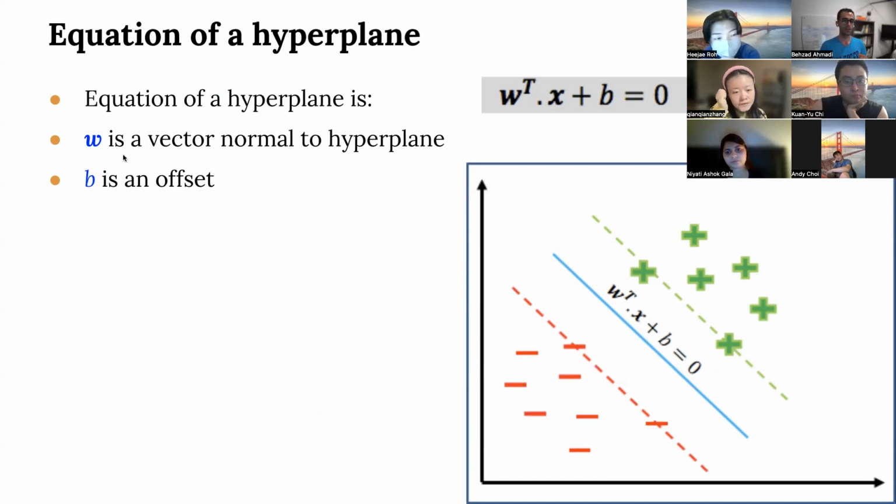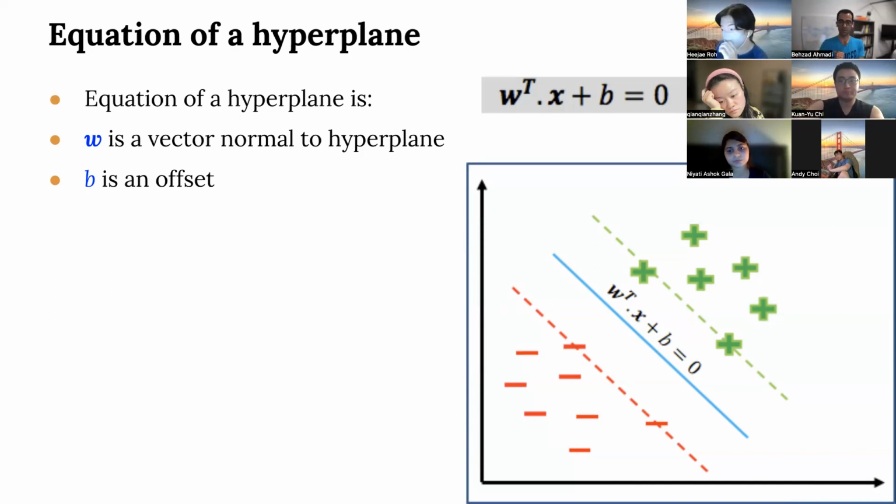So W is a vector normal, or perpendicular, to the hyperplane. And basically this is your classifier: W transpose X plus B. If this is larger than 0, you are going to assign it to the green class.